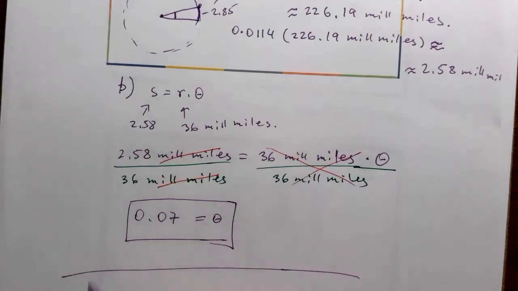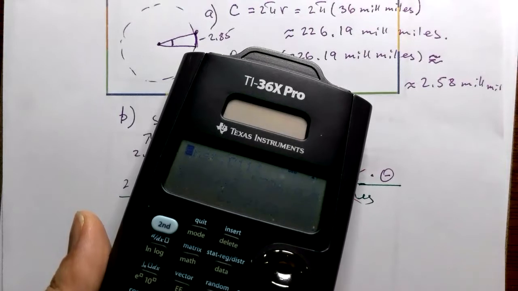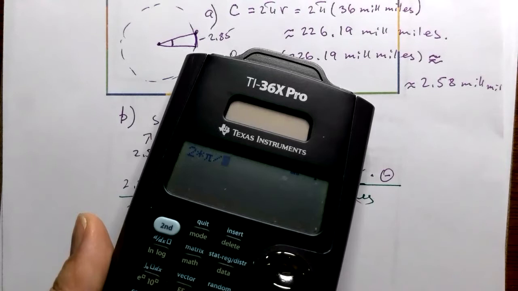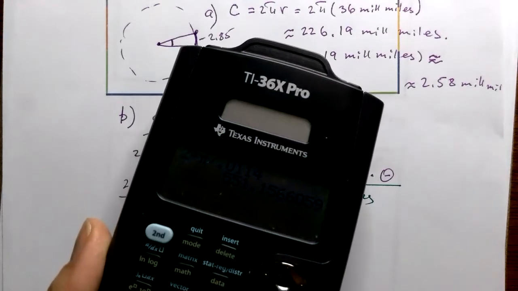If the first full revolution around the sun is 2 pi, that's the angle, then 0.0114 of this revolution would be, let's see, 2 times pi divided by 0.0114. What?